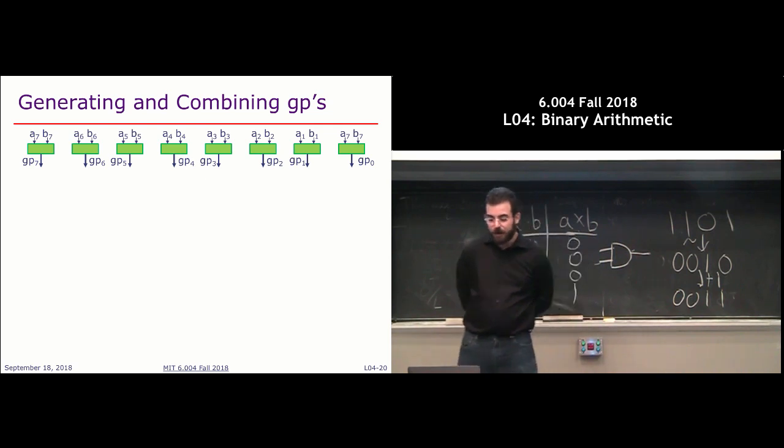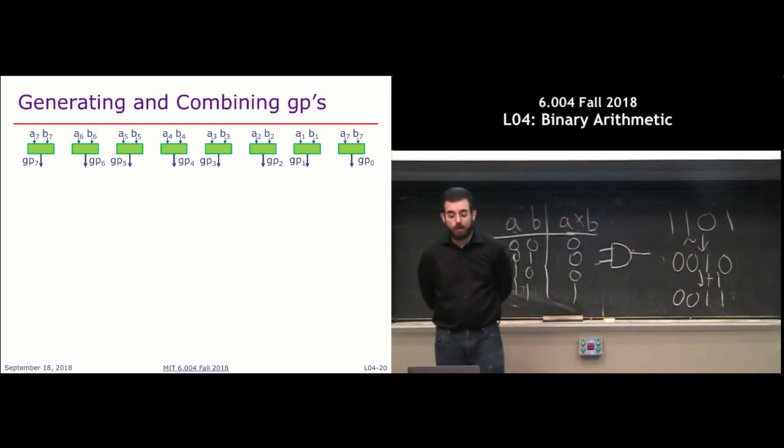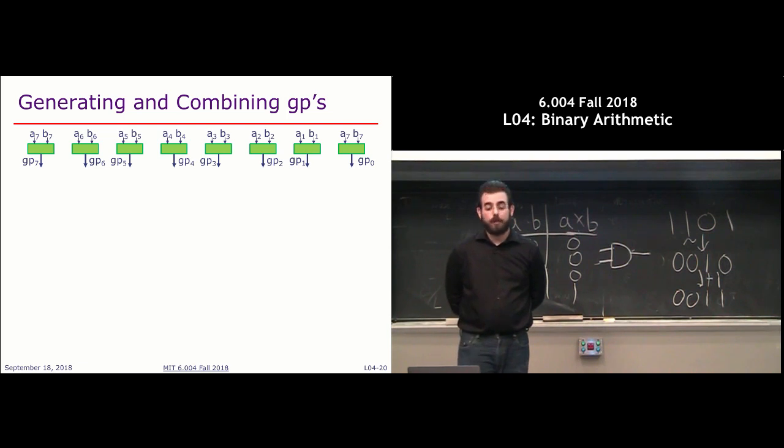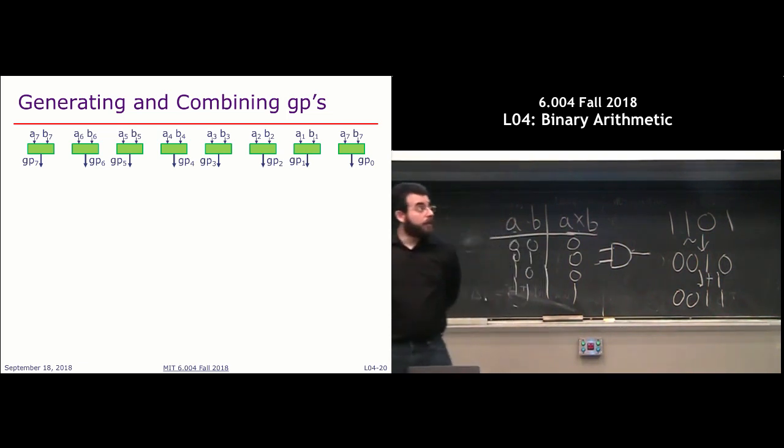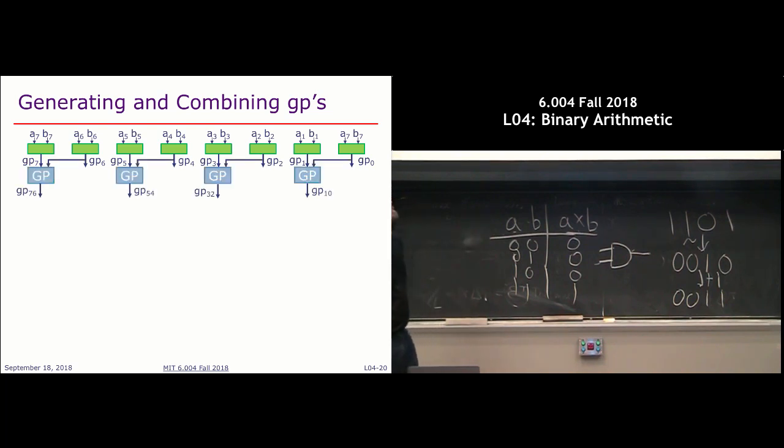As I said, our first step is to generate and combine all the generate and propagates by building a tree. We first generate all the individual propagates, and then we group 2 by 2, right? Each of these is telling you how to skip 2 bits. So if I give you the carry of 5, you can generate the carry of 7 with GP76.